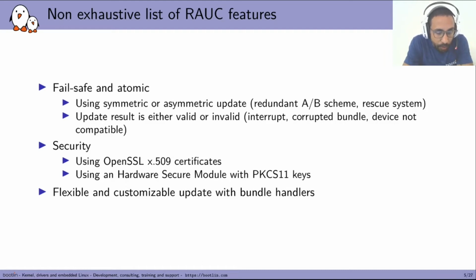There are also security aspects. You can sign your image with OpenSSL or with a hardware secure module. And finally, you will also be able to completely customize your update scenario using bundle handlers.